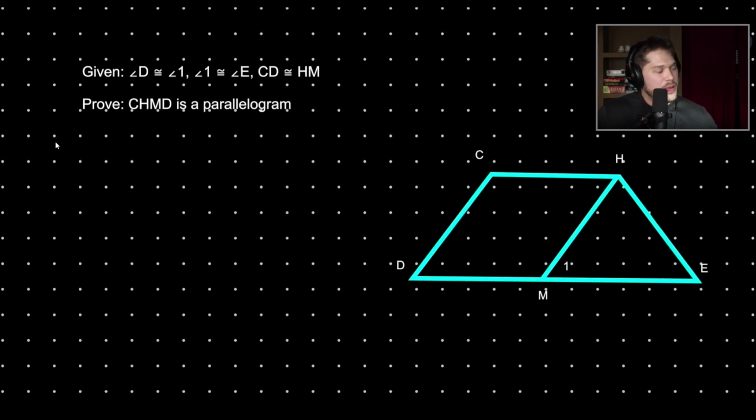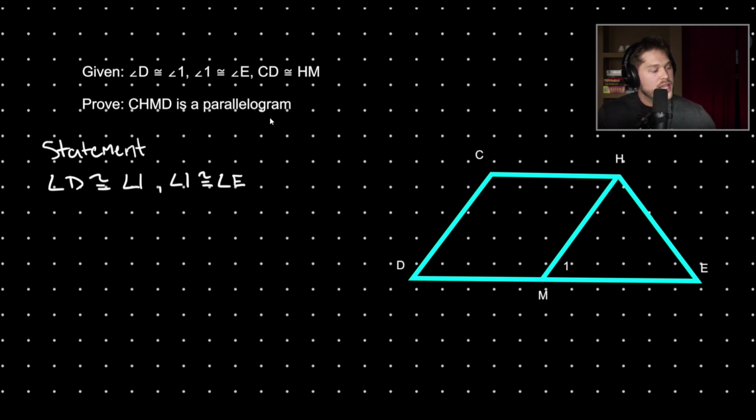Let's check it out. Again, we need our statement and reason column. Our first statement is always to restate the given. So that's angle D is congruent to angle 1, and angle 1 is congruent to angle E. And we have CD is congruent to HM.